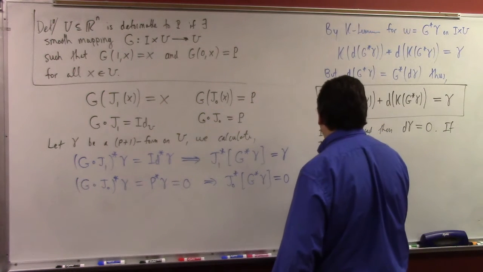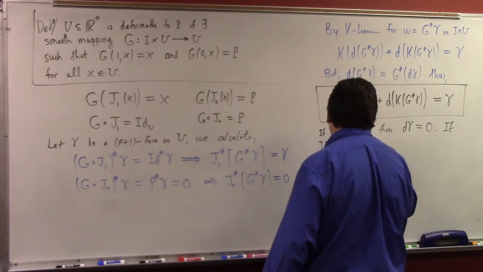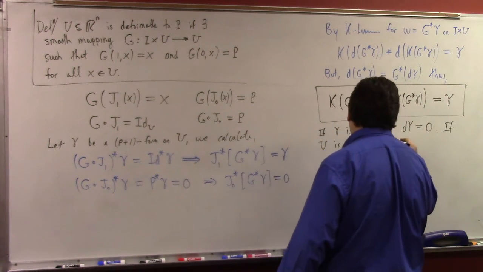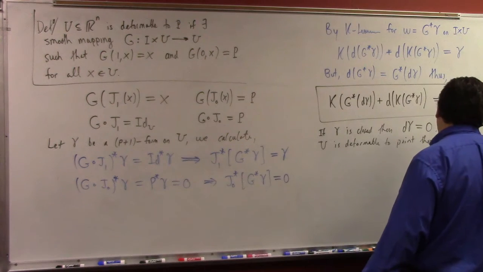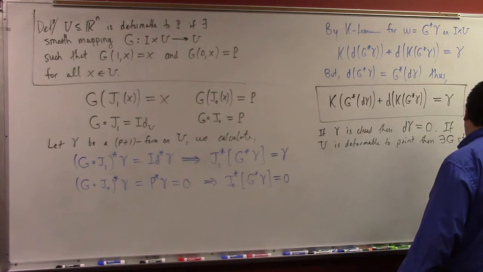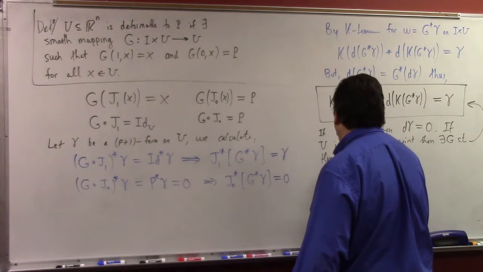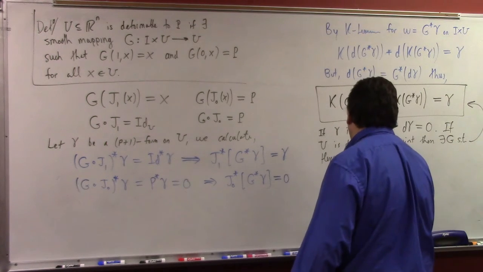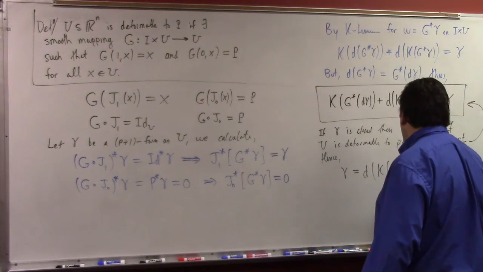And if U is deformable to a point, then there exists G such that this happens, right? Hence, gamma is equal to the differential of K of G pullback gamma.